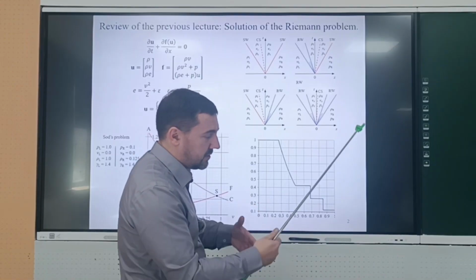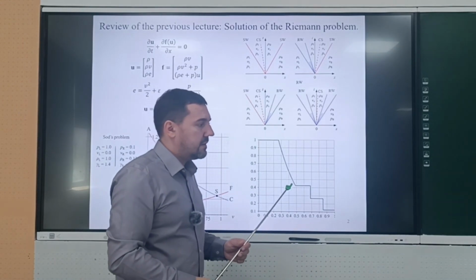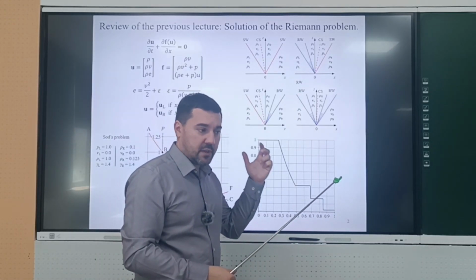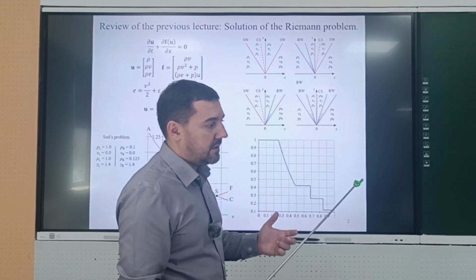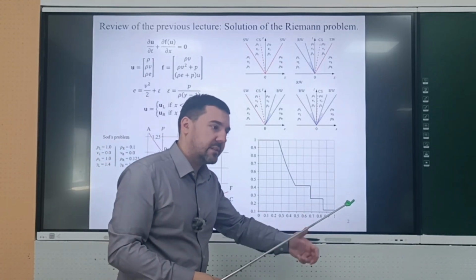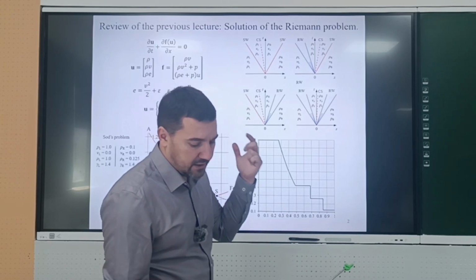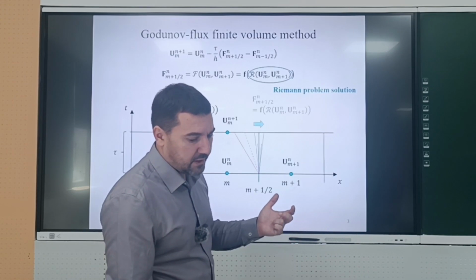And so you have this procedure working with the equation of state, interpolation of states, and so on and so forth. So the second problem is that you cannot use the Godunov method straightforwardly with complex equations of state.